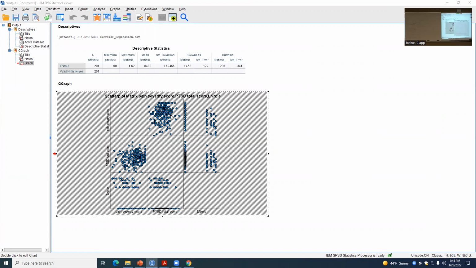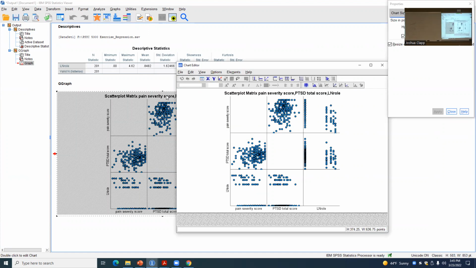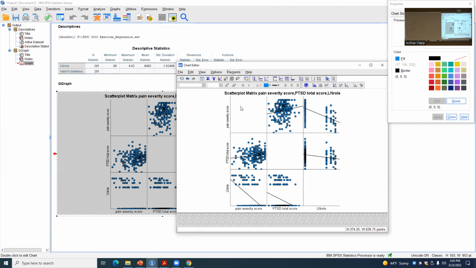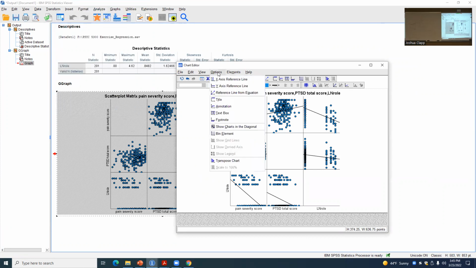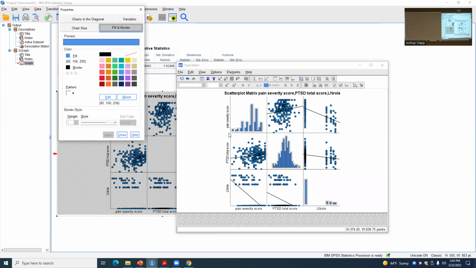If I double click on this and go to Elements and hit Fit Line at Total, it's going to give me a regression line that best corresponds to the data we've got here. Then I can go to Options and hit Show Charts on Diagonal, and it's going to drop in histograms here, which is kind of nice.